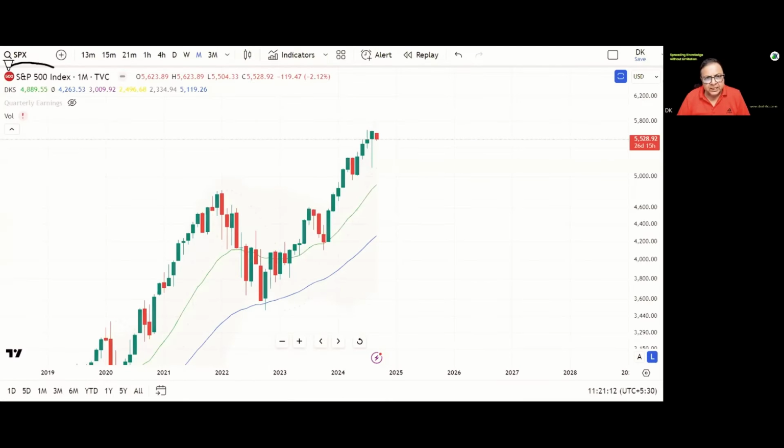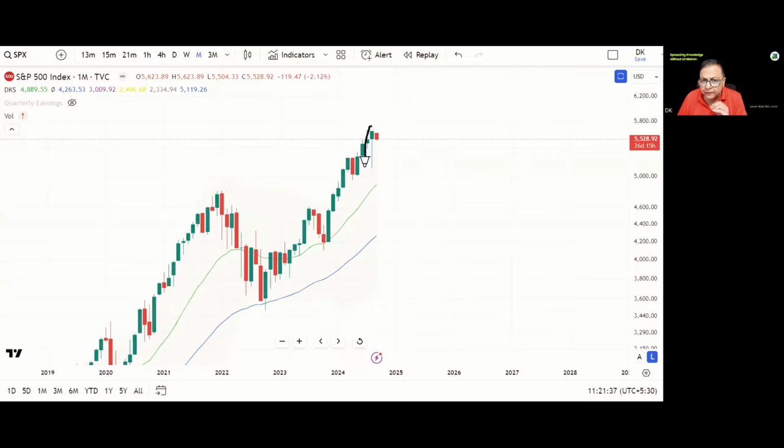This is the price chart of S&P 500 in monthly time frame. Let us first understand the broader picture based on the price action. Before we discuss the fall on 3rd September 2024, let us look at the price action of August 2024. There is a formation of an ice cream bar kind of structure at the top of the market.